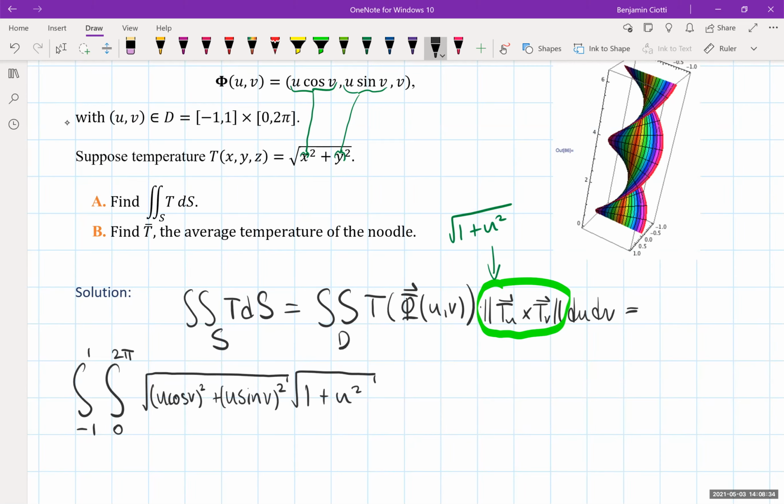And then let's see, and I can simplify this to be u squared. So let me ask a yes or no question.